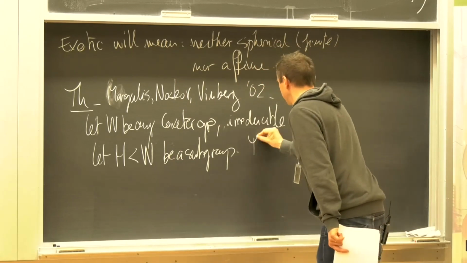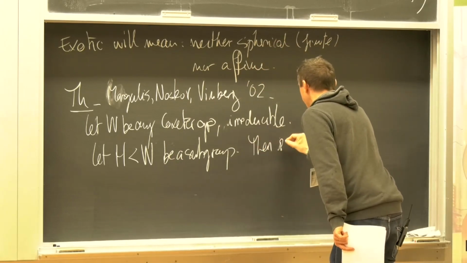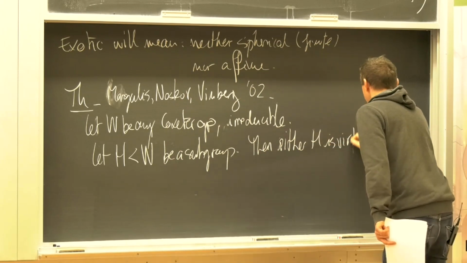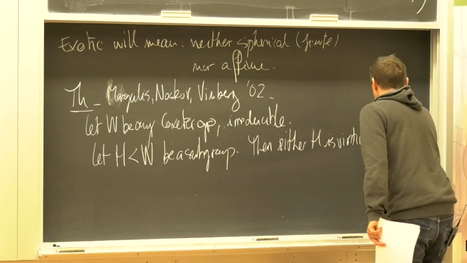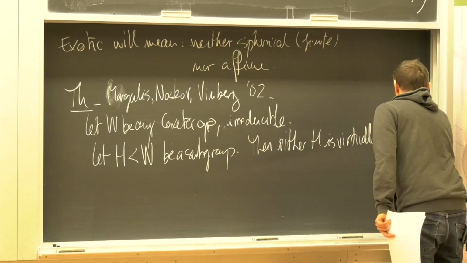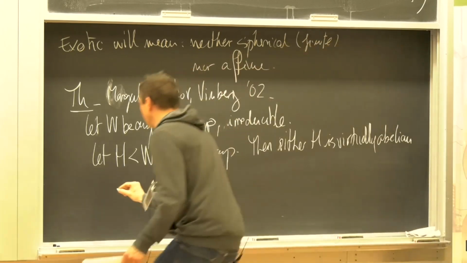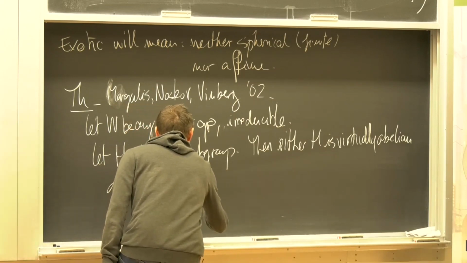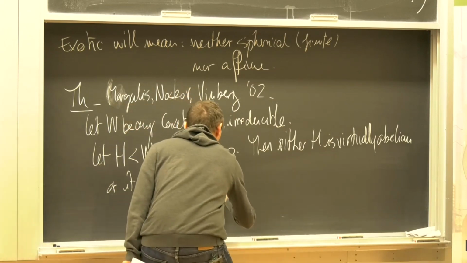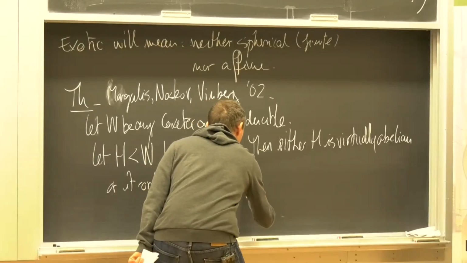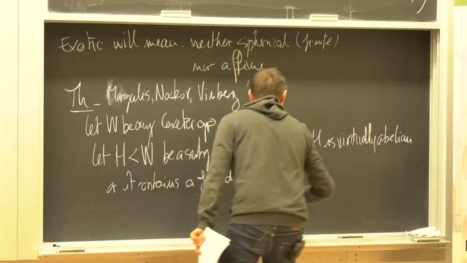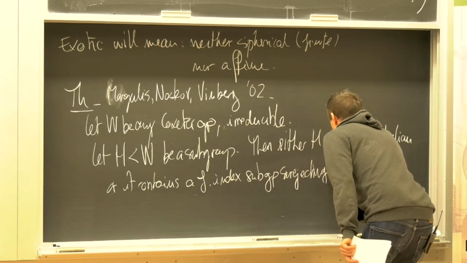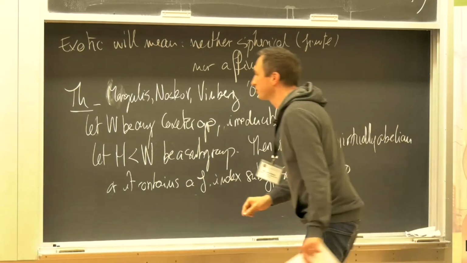Then either H is virtually abelian, or it contains a finite index subgroup surjecting onto some non-abelian free group.